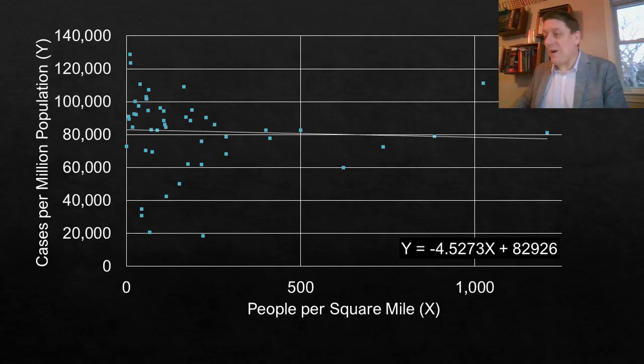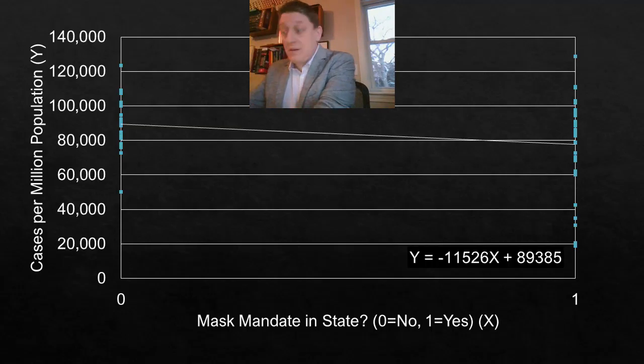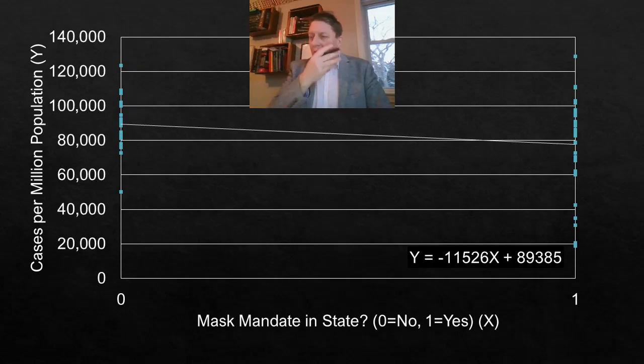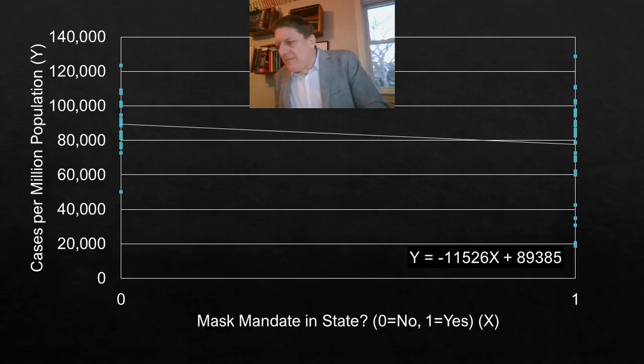What could that be? Well, we have a second contender, and let's look at that contender. That second contender is whether there is a mask mandate in the state, by law. In Maine, there is, and as we pointed out before, in a state like Florida, there is not. So we can take a look at all of those states, and you'll notice that they're lined up on the x-axis on just 2 points, 0 and 1, where 0 means no, there isn't, and 1 means yes, there is.